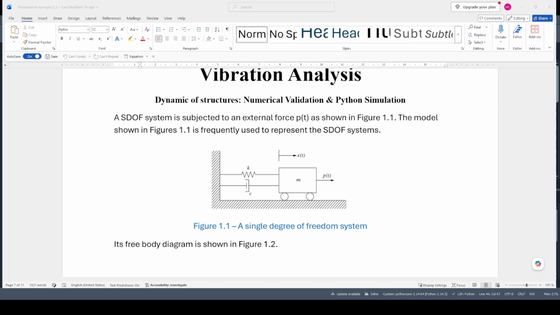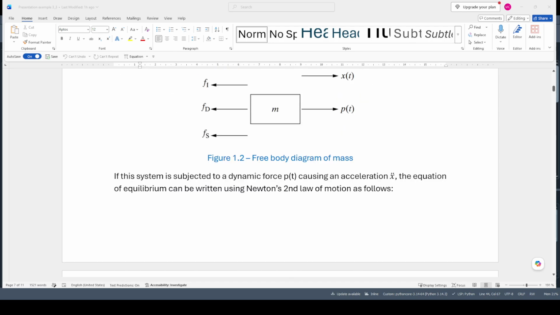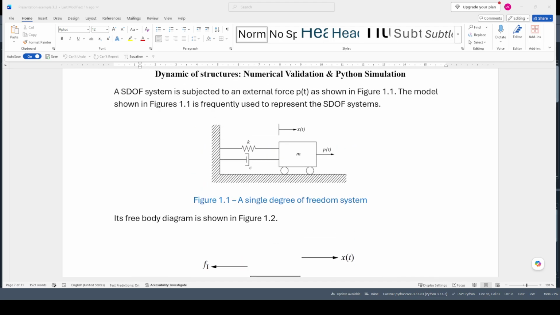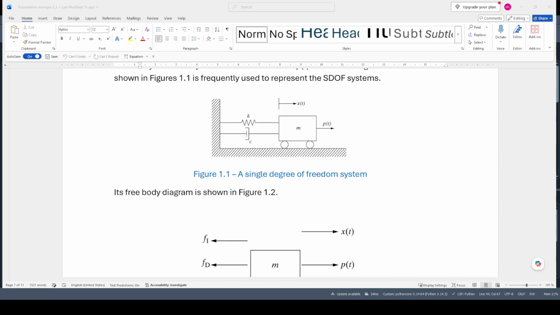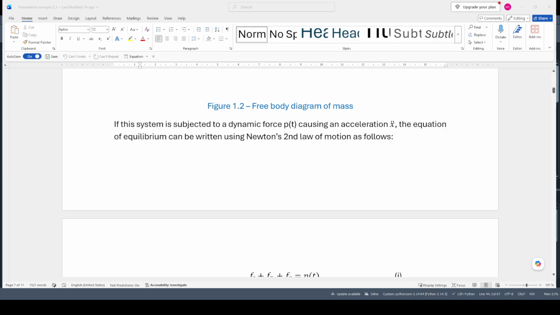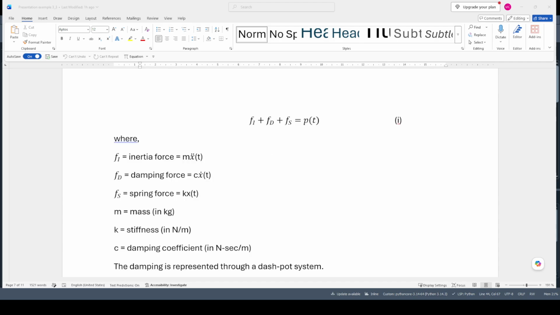So there is a mass M with a force P(t) and a spring attached, a spring with value K, stiffness K, attached to the mass, and a damping force with damping coefficient C. Using the second Newton law of motion, we can write inertia force plus the damping force plus the spring force is equal to the applied force P(t).